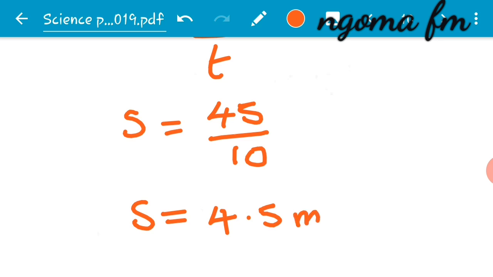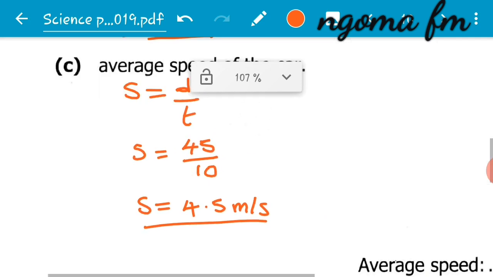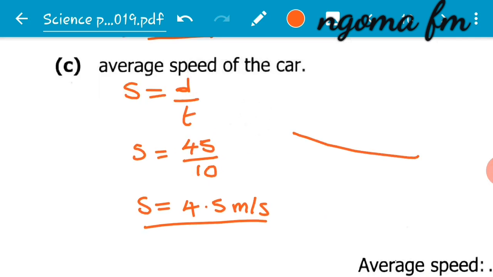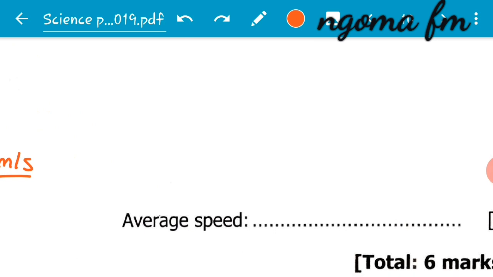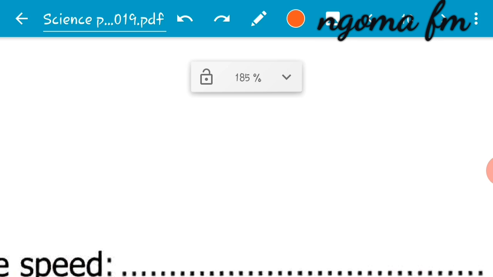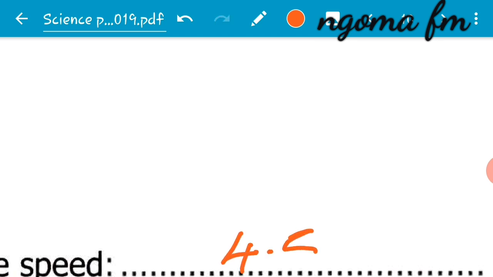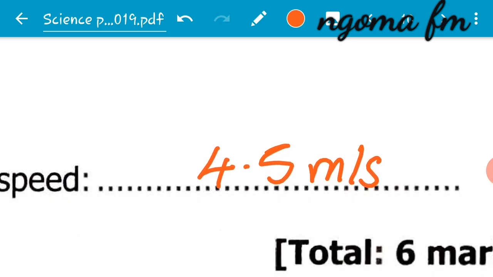It's meters per second. So our average speed is 4.5 meters per second.